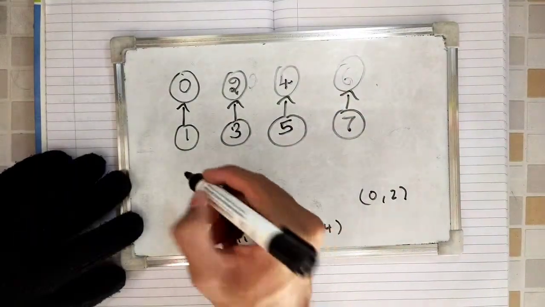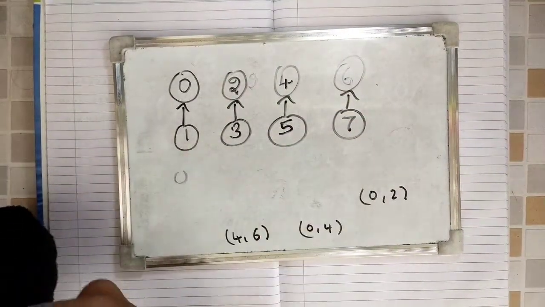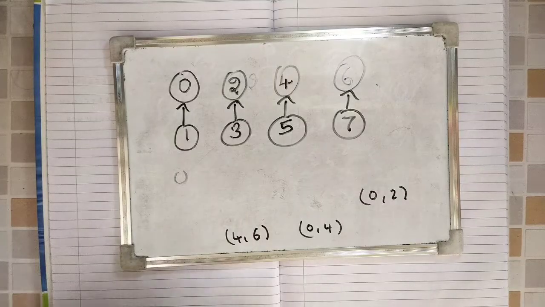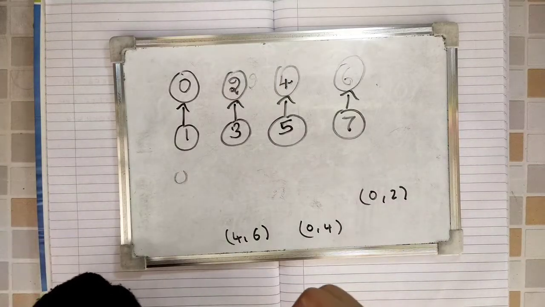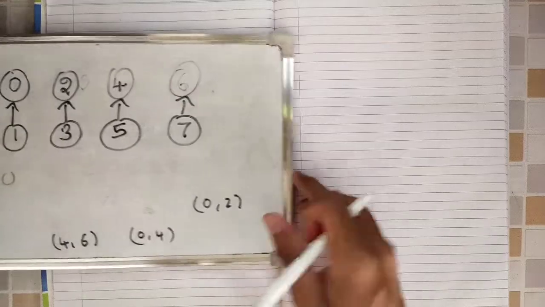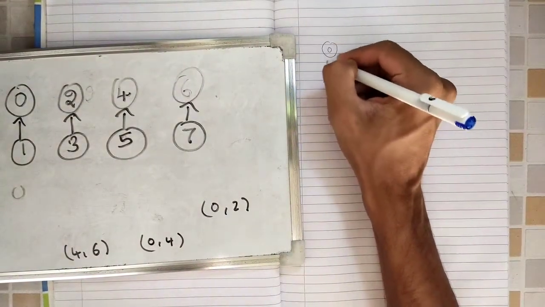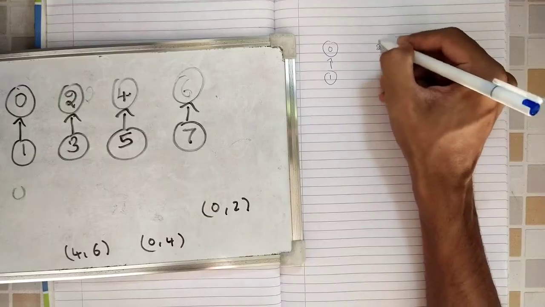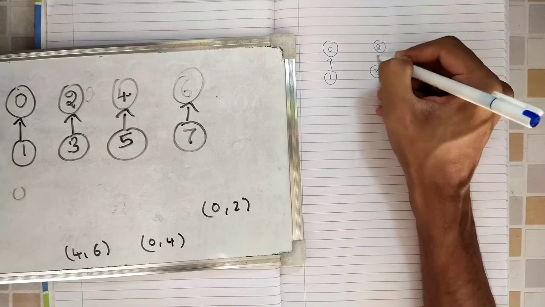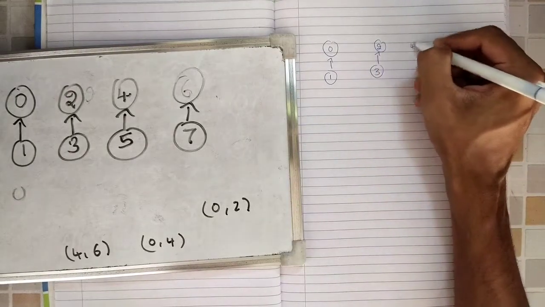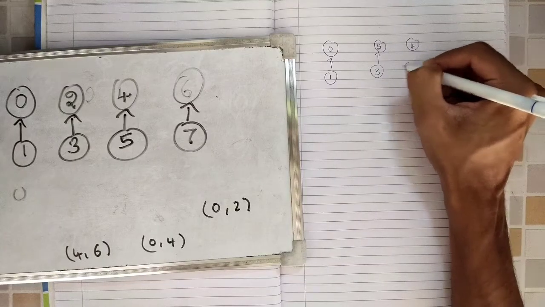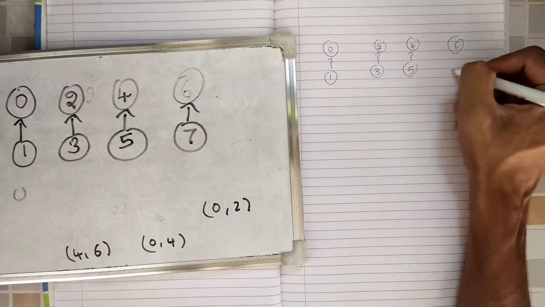Better I do it in this book itself. So I have my 0 over here and my 1 over here, and for union 2 comma 3, union of 4 and 5, then 6 and 7.